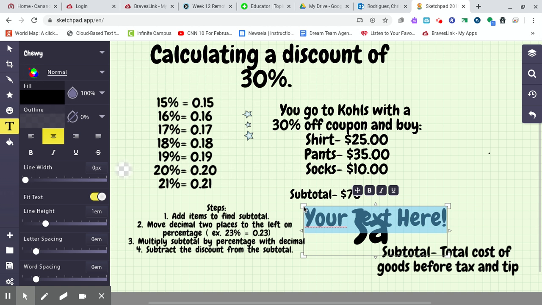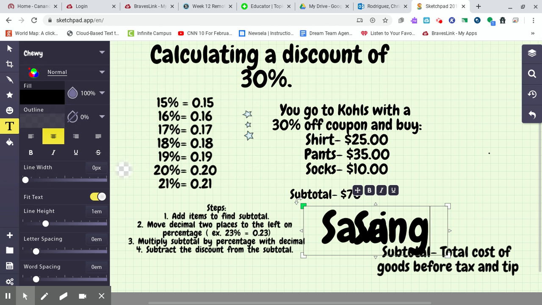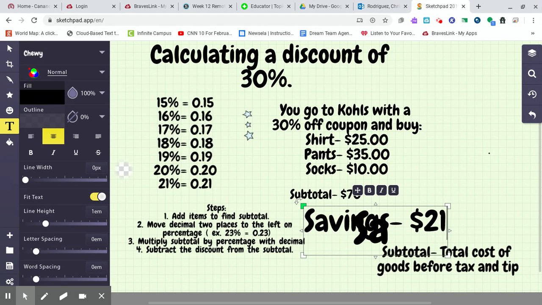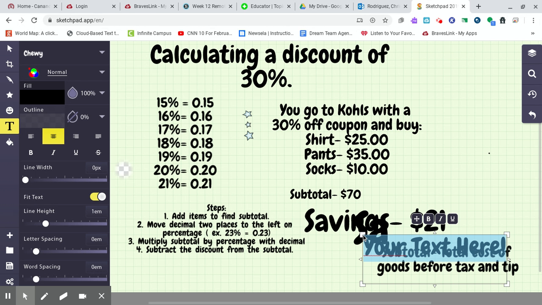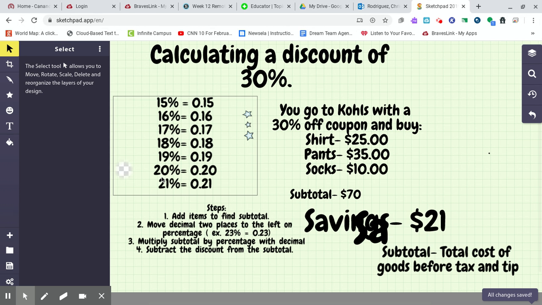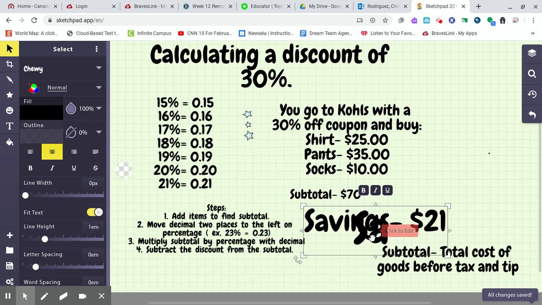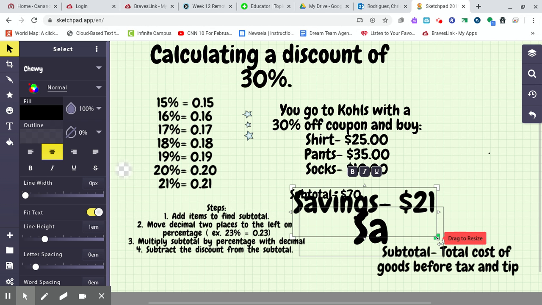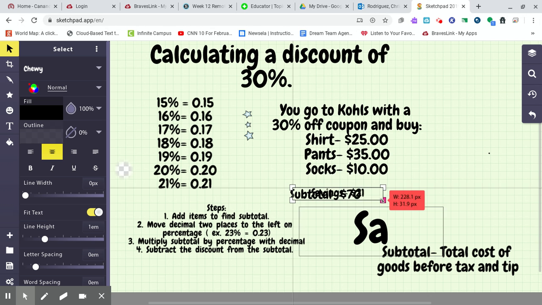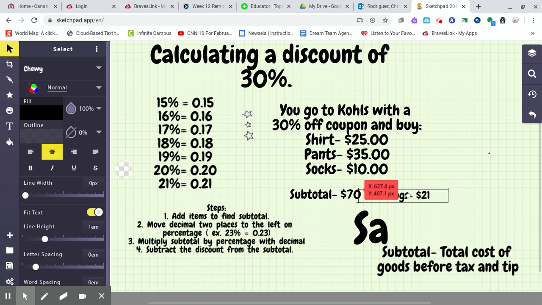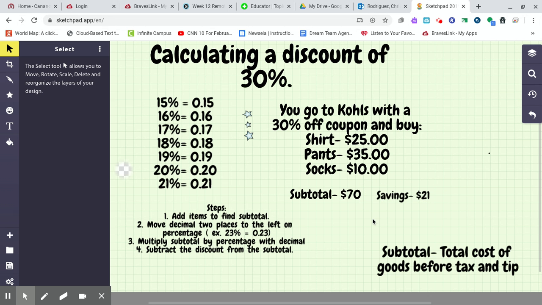So that's a savings of $21. All right, so the subtotal is $70. I have a savings of $21.